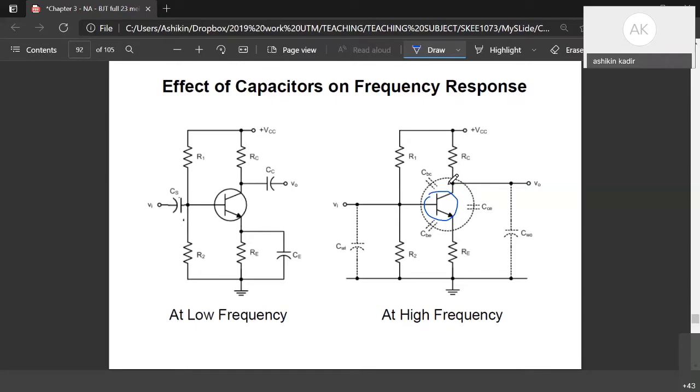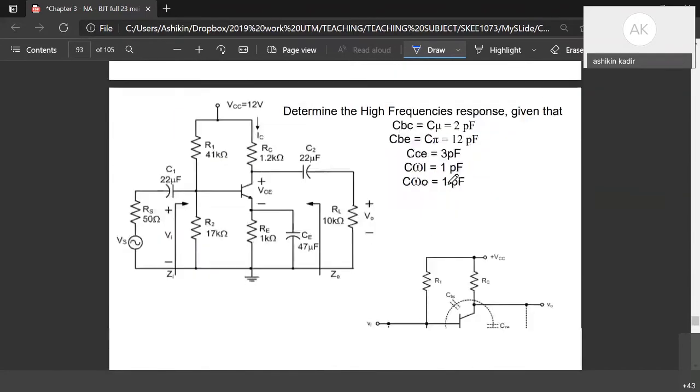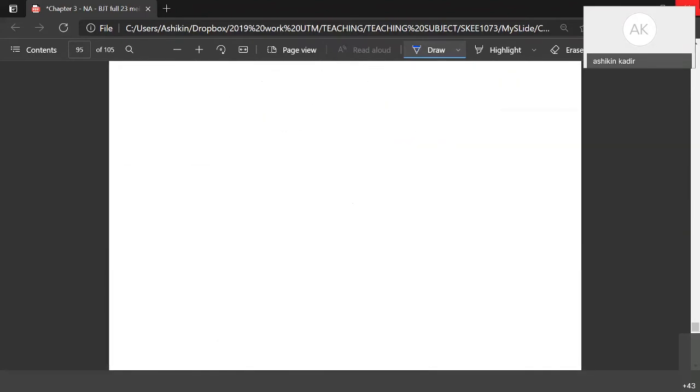So during high frequency analysis, let me draw it. For our device, we have PNP and NPN, which means we have a PN junction. Here is the PN junction, and here there is a depletion region.